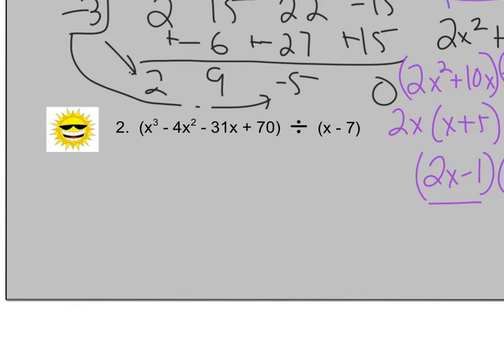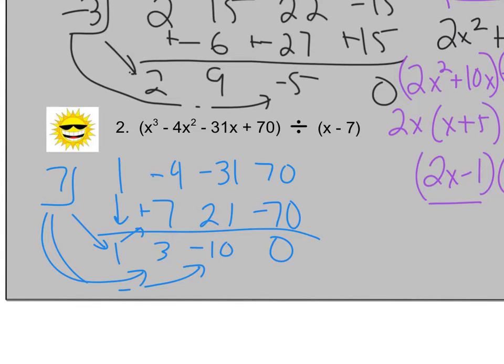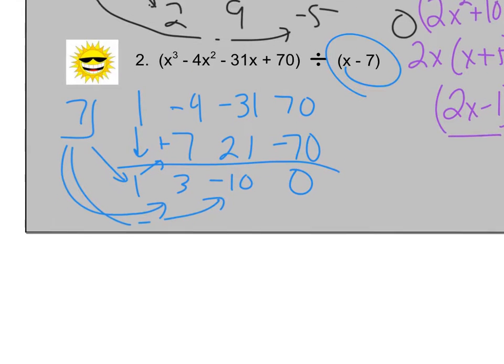For number 2, I need 1, negative 4, negative 31, 70, and since it's x minus 7, I want positive 7. So drop, multiply, add, drop, multiply, add, drop, multiply, and add, and I get 0. So x minus 7 is one factor.